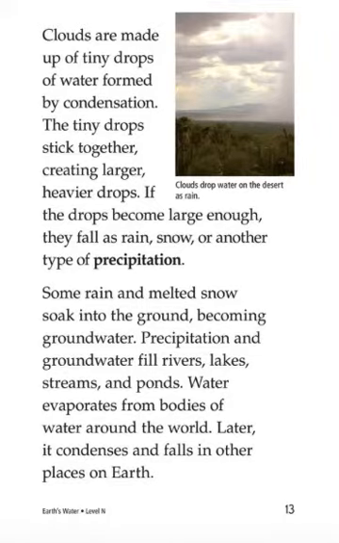If the drops become large enough, they fall as rain, snow, or another type of precipitation. Some rain and melted snow soak into the ground, becoming groundwater. Precipitation and groundwater fill rivers, lakes, streams, and ponds.